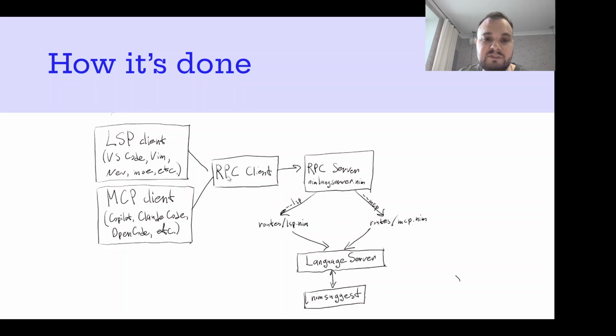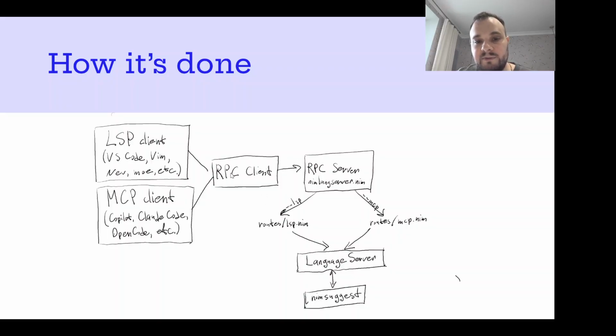You don't really have to know what RPC is, but the important thing is that they're very similar. LSP clients and MCP clients use the same protocol to communicate with LSP and MCP servers respectively.